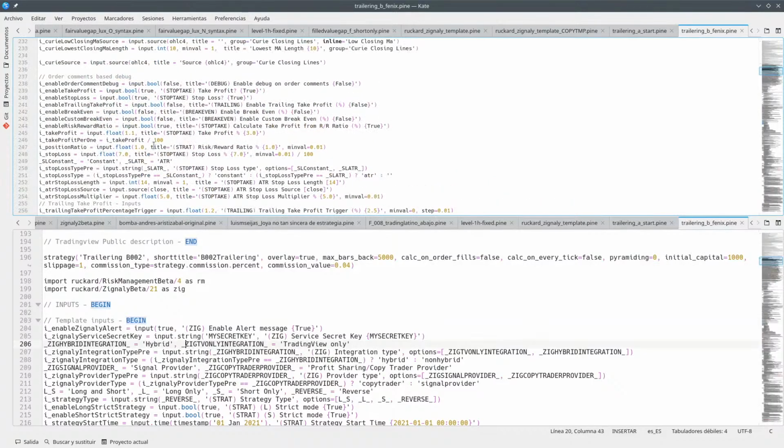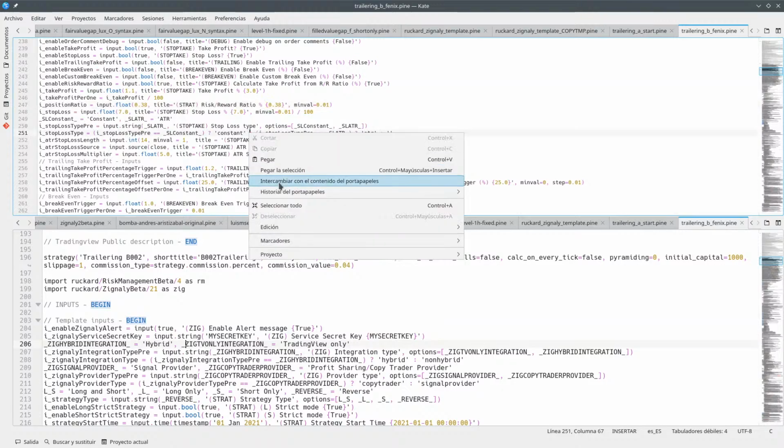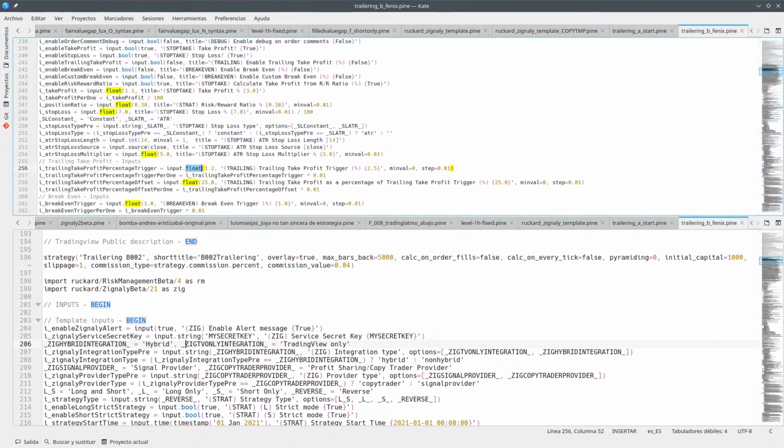Later on we will see if we save it or not. So position ratio, this is going to be 0.38. Hopefully it makes sense. Okay, 0.38. Let's test this, see what happens.